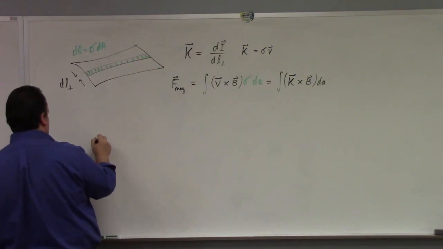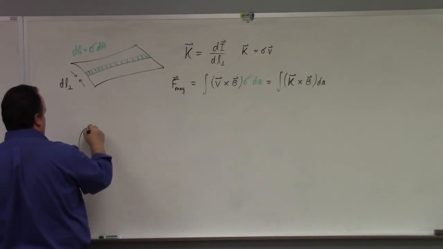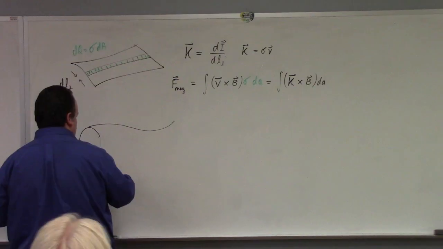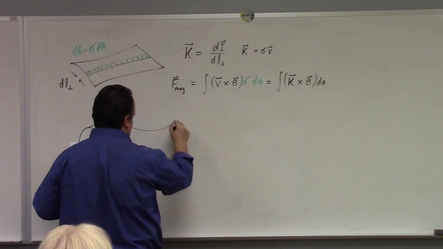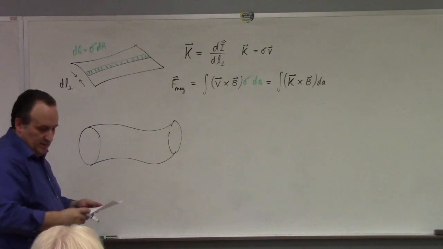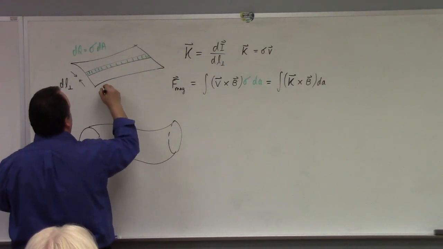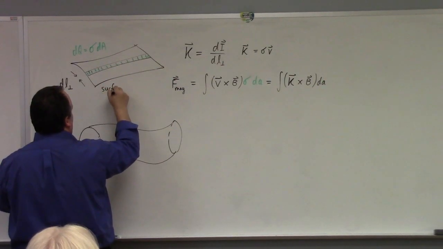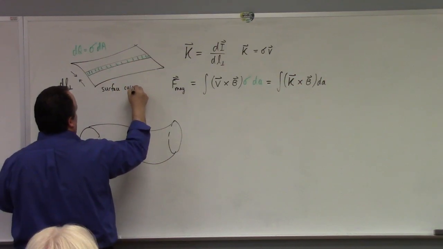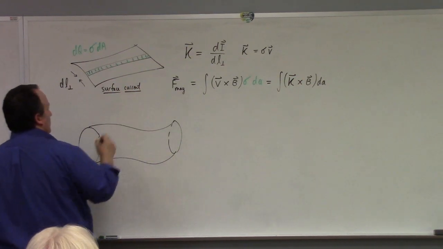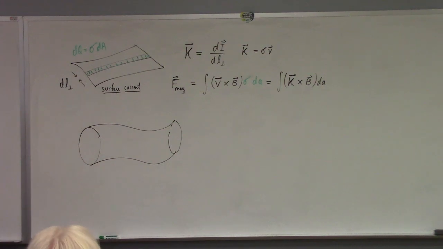Then, of course, the most exciting, and these cases all matter physically. Sometimes you get one, sometimes you get the other, but in here, this was a surface current, right? The original one was just a linear current, but oftentimes we have a volume current, right?